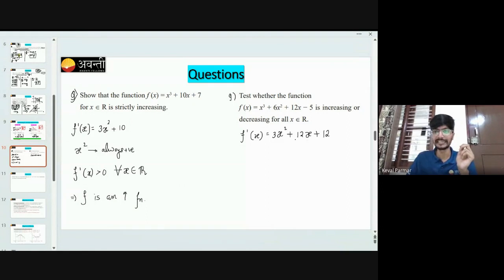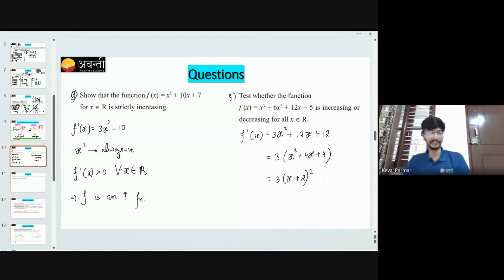We can take 3 common from here. So if I take 3 common, I will get x square plus 4x plus 4. And what is this? If we try to factorize it, you will see that it is x plus 2 the whole square. That means it is a squared quantity.